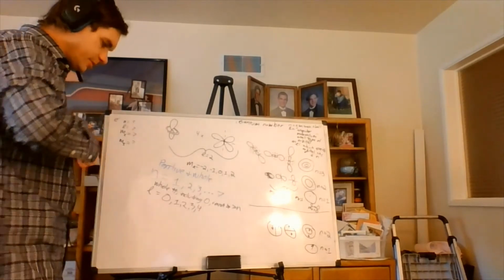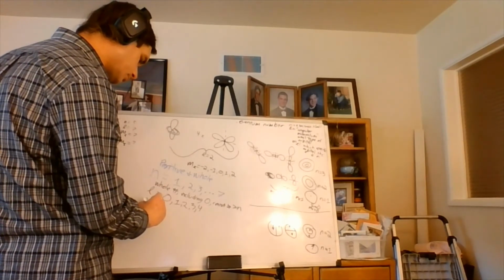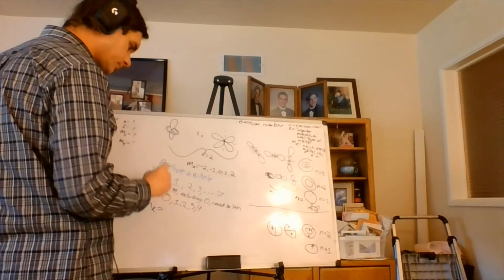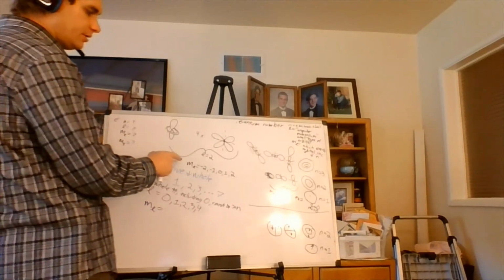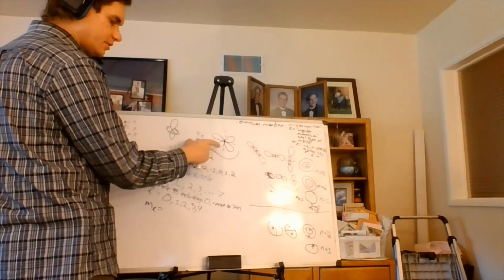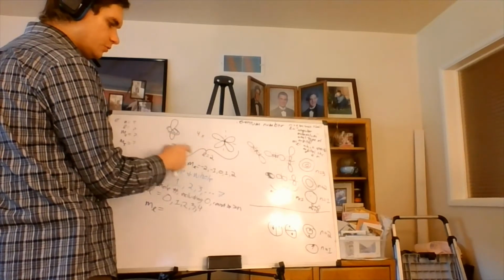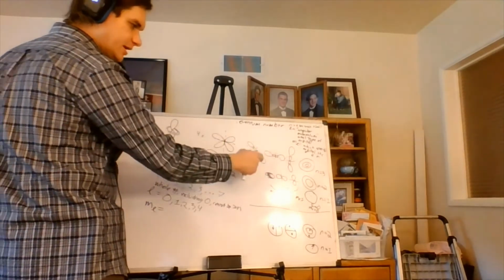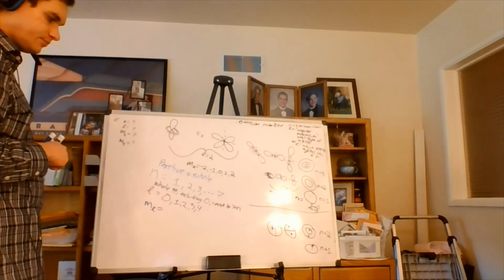With m sub L, now remember the whole purpose of m sub L is to say which specific orbital within one of the types the electron is in.